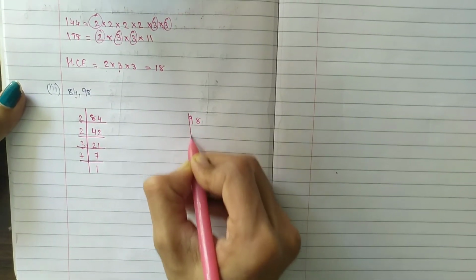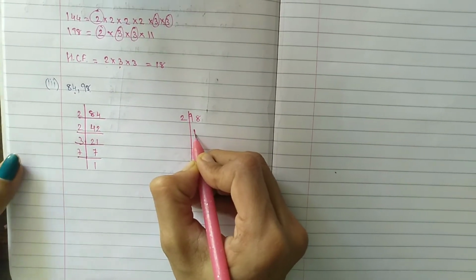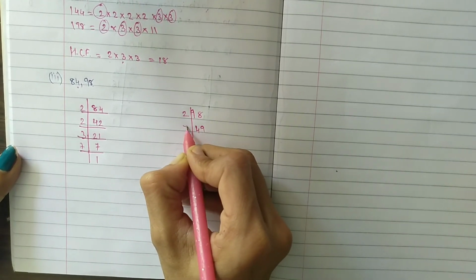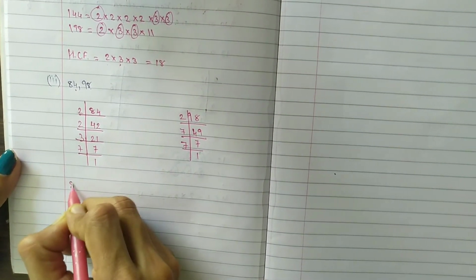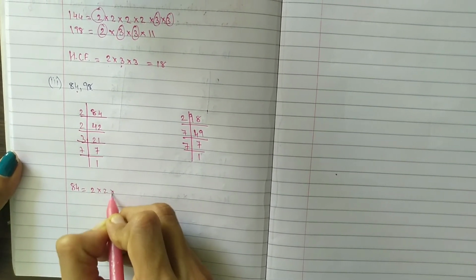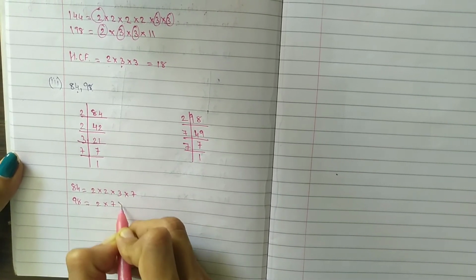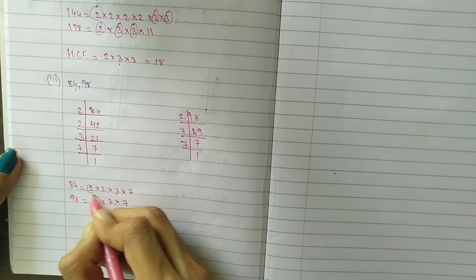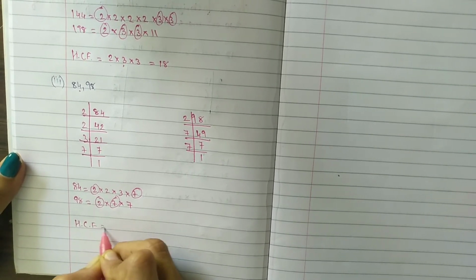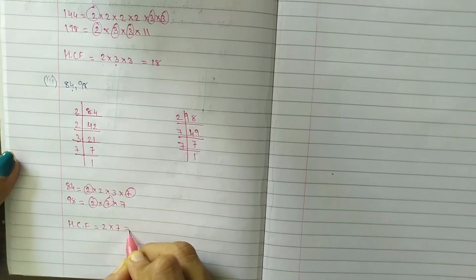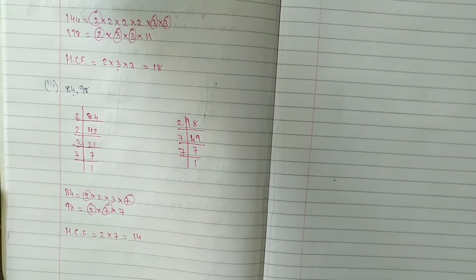Now for 98, 2 forty-nines are 98, 7 sevens are 49, and 7 ones are 7. 84 equals 2 into 2 into 3 into 7, and 98 equals 2 into 7 into 7. Which are the common ones? 2 and 7. So HCF equals 2 into 7, which is equal to 14. Understood?